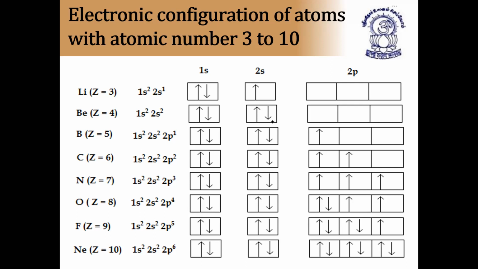For example, in the first case, atomic number 3, the 1s orbital is completely filled and the 2s orbital is partially filled, 2s1 only, because we have only 3 electrons. Next we have 1s2 2s2, then 1s2 2s2 2p1 and so on. I hope you can understand this easily by seeing the diagrams. Next.